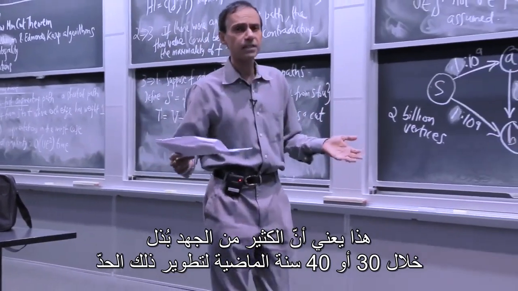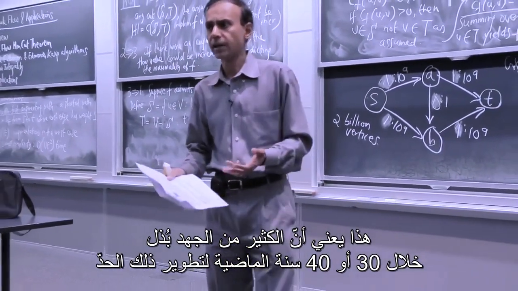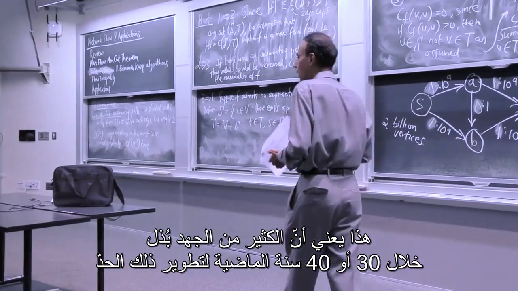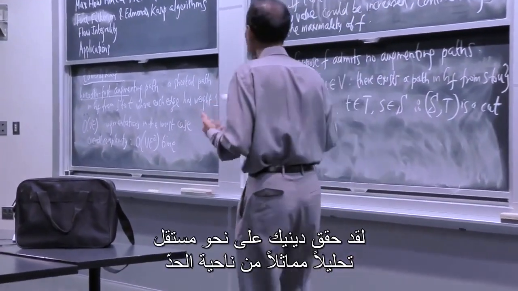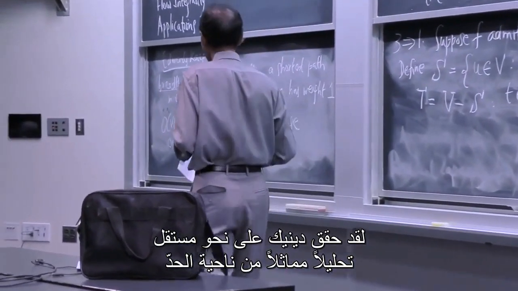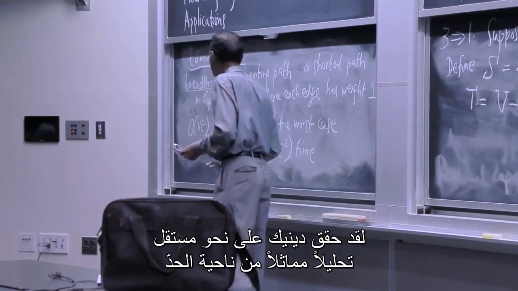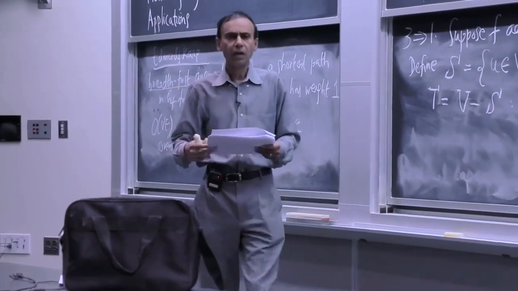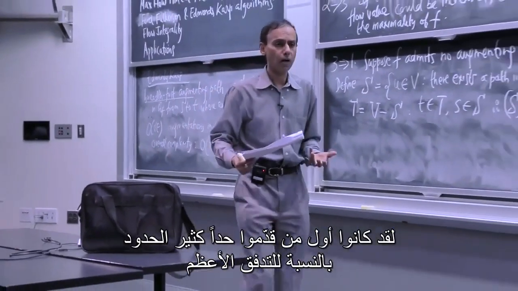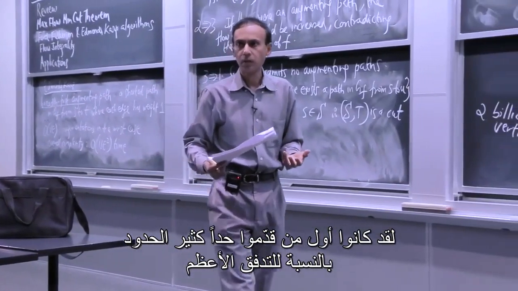There's been an amazing amount of work over the past 30, 40 years on improving that bound. Right? Dinic independently arrived at a similar analysis and bound along with Edmonds and Karp. They were the first to give polynomial bounds on max flow.